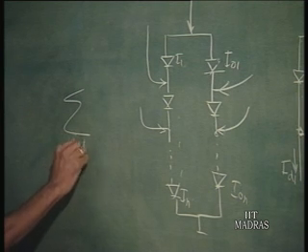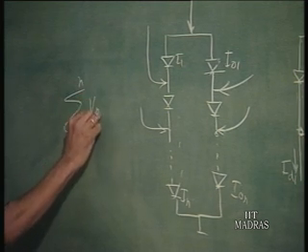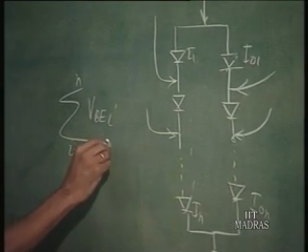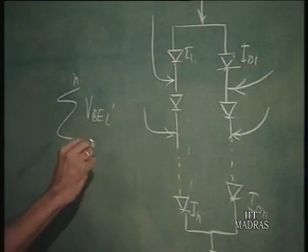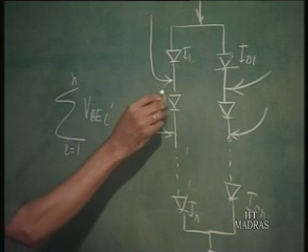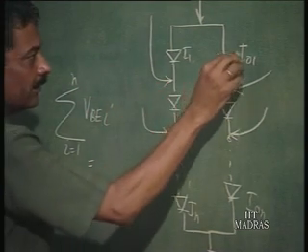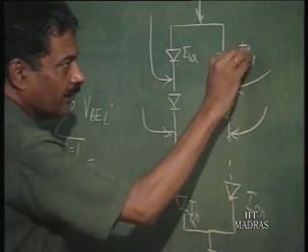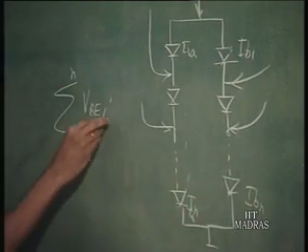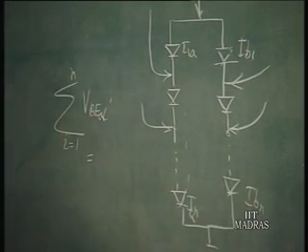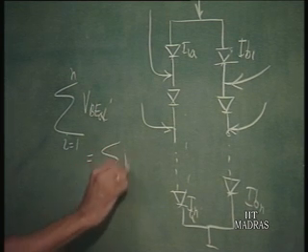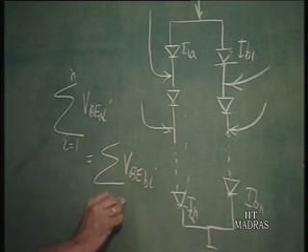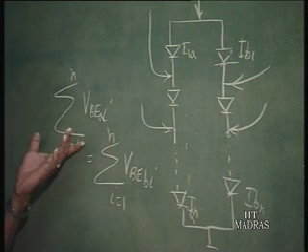So, sigma i equals 1 to n, VBE i, should be equal to, let us say, we will call this A, for clarity, and this as B. So, those which are A should be same as sigma VBE of B, i equals 1 to n. This is from Kirchhoff's law.